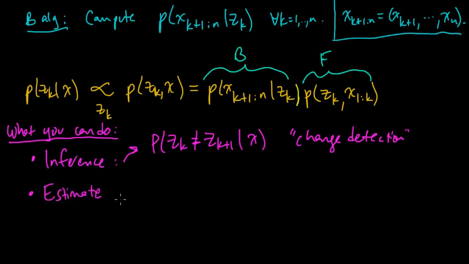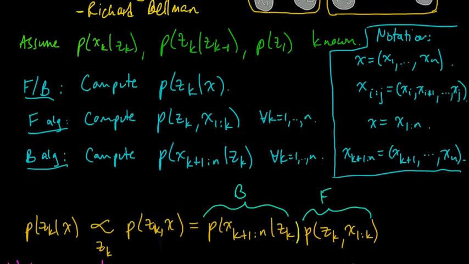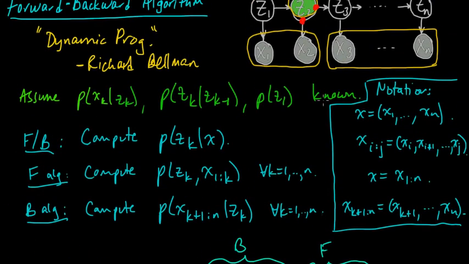You can estimate the parameters of your HMM. By the parameters, of course, I just mean these guys: the transition probabilities, the transition matrix T, and the emission probabilities. If the emission probabilities are parameterized distributions, maybe they're Gaussian, you would need to estimate the mean and variance for the Gaussians for each z_k.